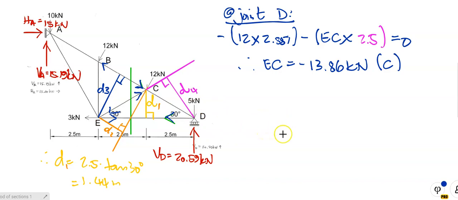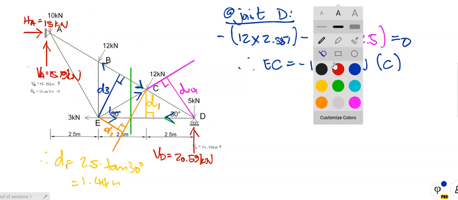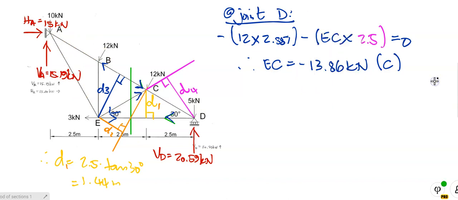So if the question said to find members AB and AC, what I would do is take a cut line through AB like so.